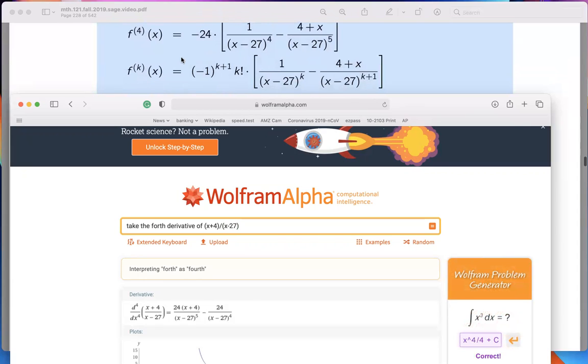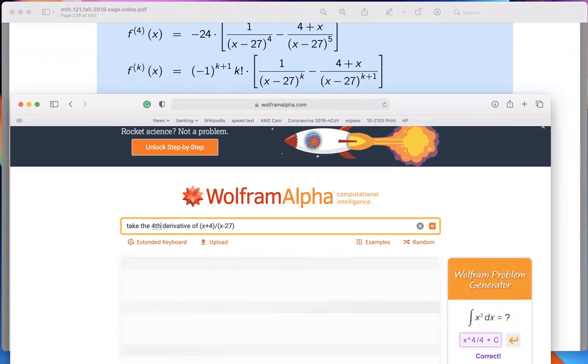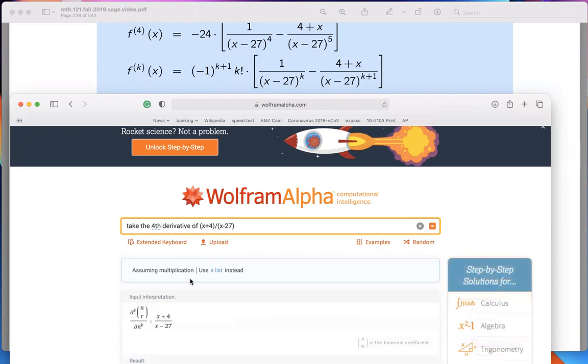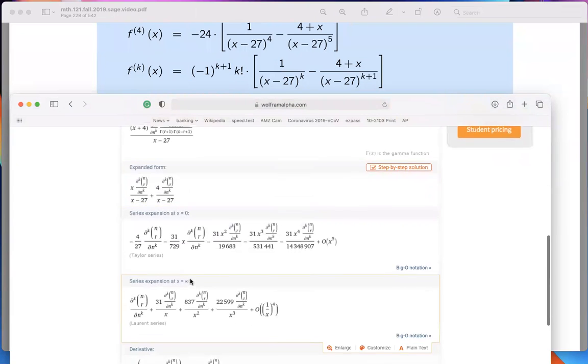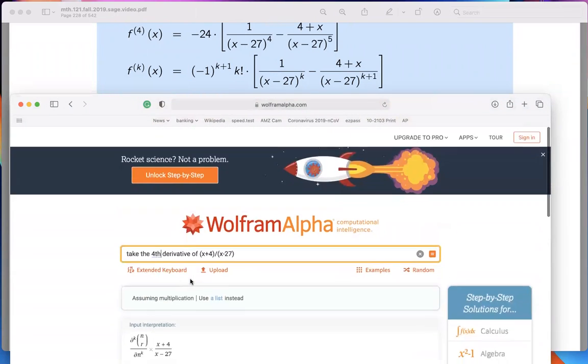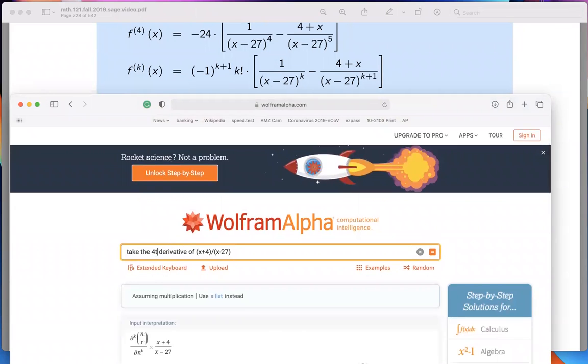Let's say I want it, I'm going to type in the kth. I don't know if it's going to understand me, by the way. Really doesn't, does it? No, it didn't understand me. That's not good. So the deal about this is that you got to play around with tools and see which one works for you.